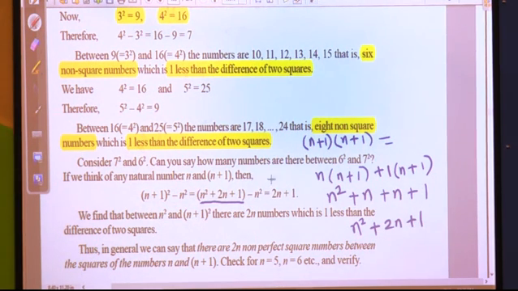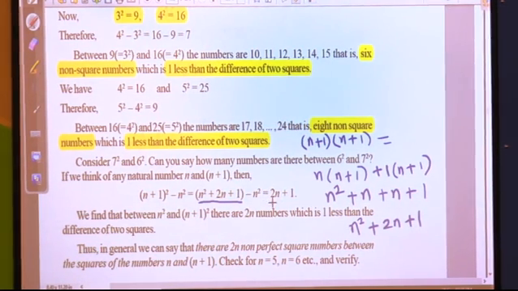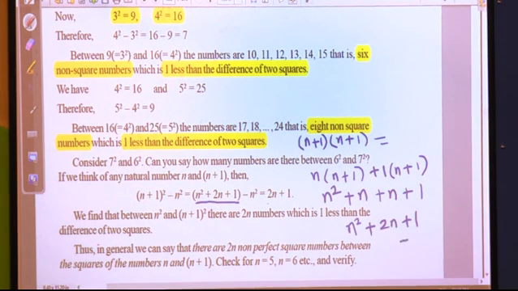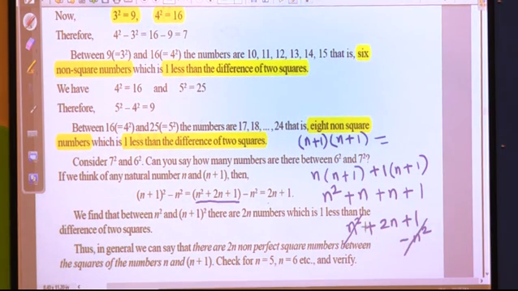Plus n square and minus n square get cancelled. 2n plus 1 is the answer. Or I can write it here, n square plus 2n plus 1, minus n square, and here you can understand that n square minus n square got cancelled, and what is remaining? 2n plus 1 is remaining. I hope the thing is clear.